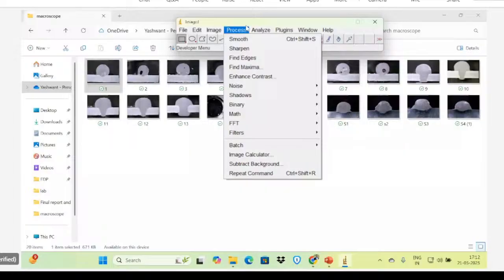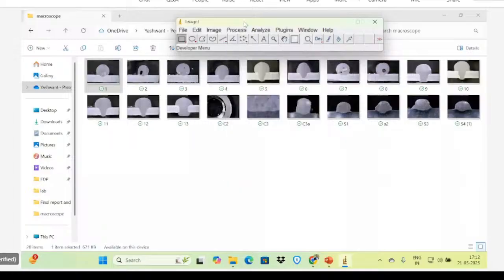It can measure microstructure grain size, and it can generate threshold images also. It has wide applications. It is very good software, and you can use it for your PhD or postdoctoral thesis.